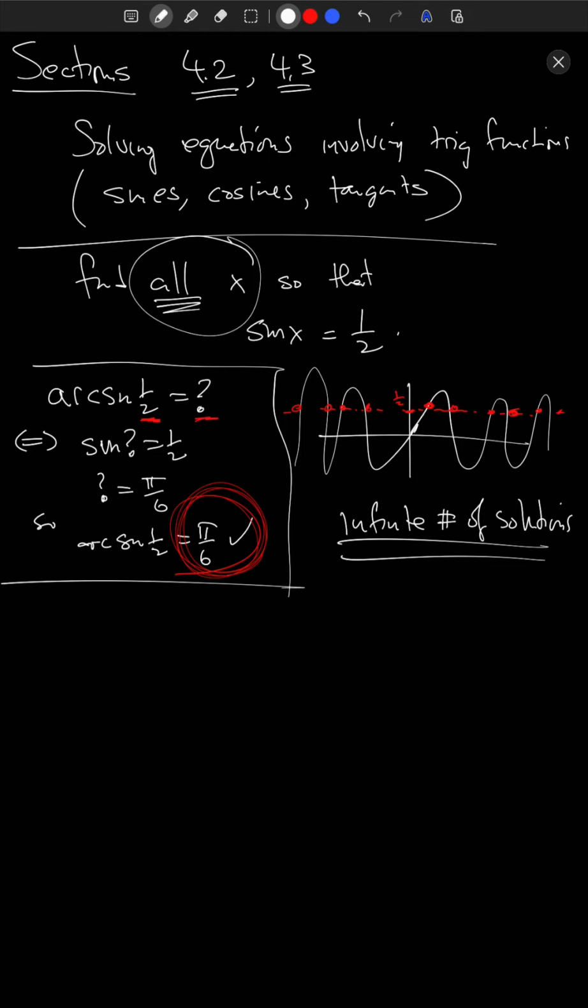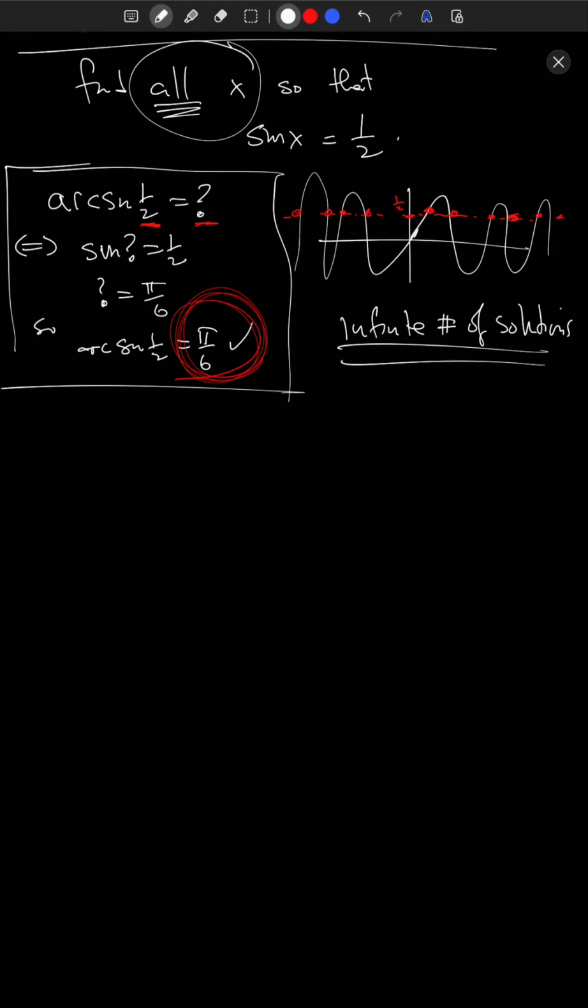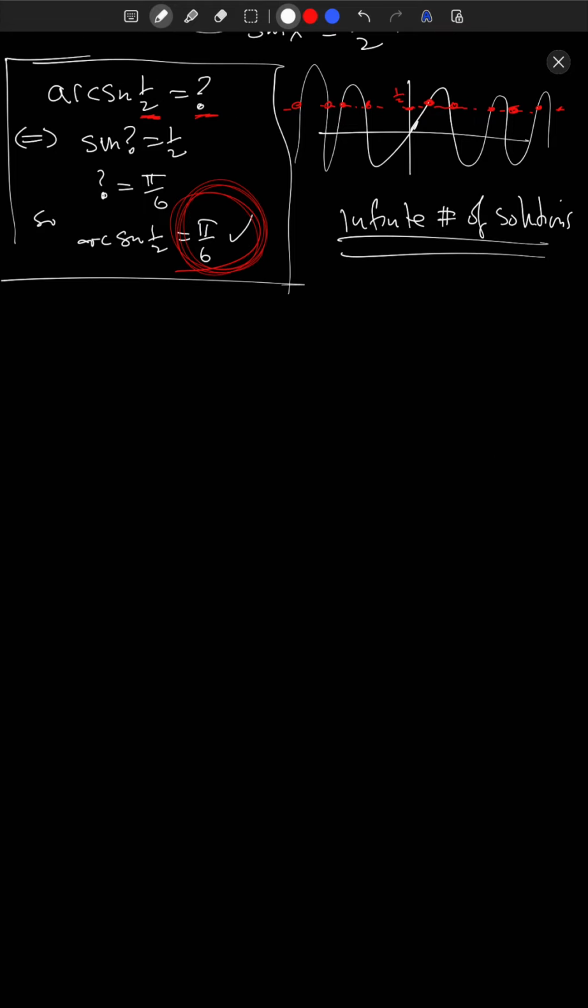It's really important to differentiate between finding the arc sine and solving the problems from this section. In this section, we're again looking for all the solutions. The way I'm going to present this is going to be very different from the book. I hate the way the book does it, because their way relies very heavily on memorization.